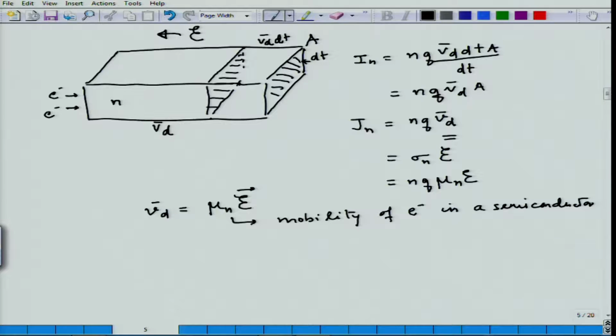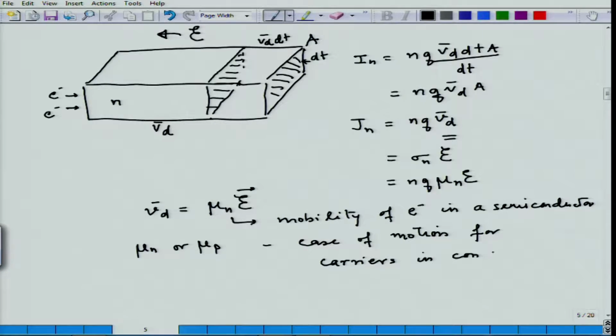So, mu n is for electrons, or mu p. If I take the same discussion for the holes, it is nothing but the ease of motion for the carrier in the conduction or valence band.